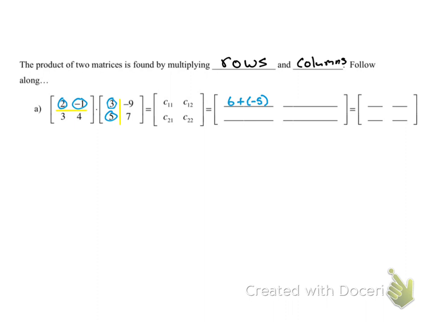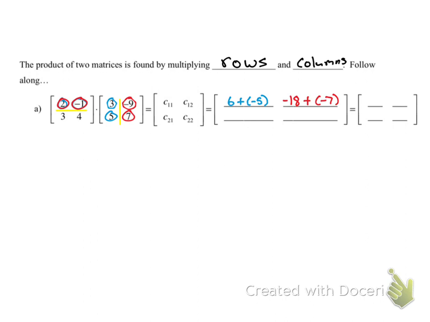Next, I'm going to multiply the first row by the second column. So I'm going to do 2 times -9, which gives me -18, plus -1 times 7, which gives me -7.